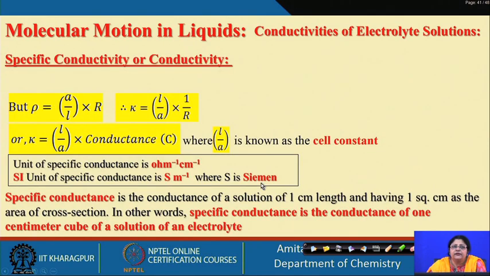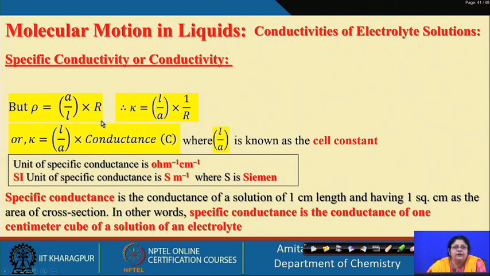Now, another term which is important is the specific conductance. Specific conductance we have discussed in much detail in previous classes, but still just to go through what the definition is. The resistivity which we have defined is equal to A by L into R, and from there we have the new definition.